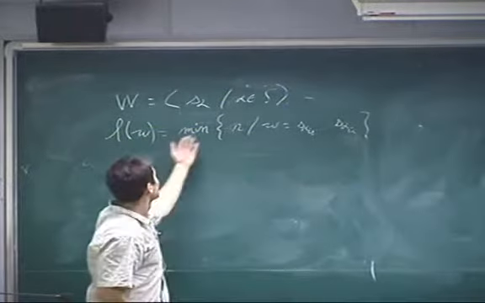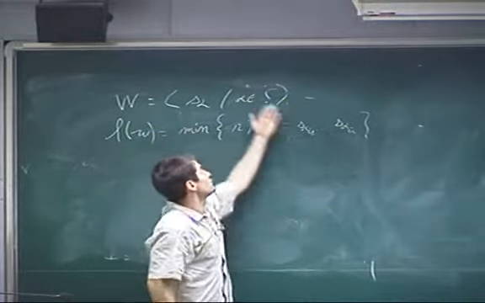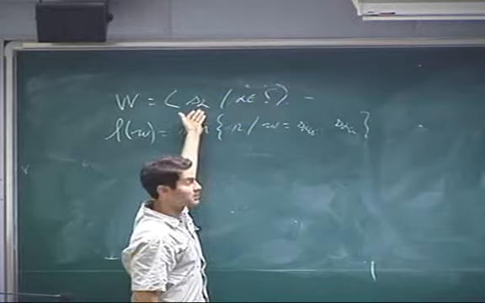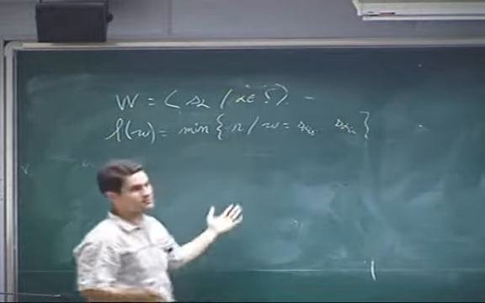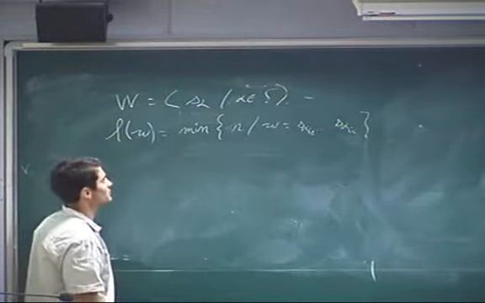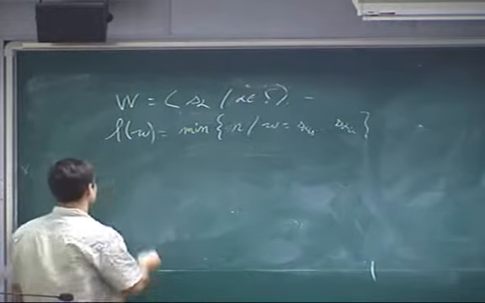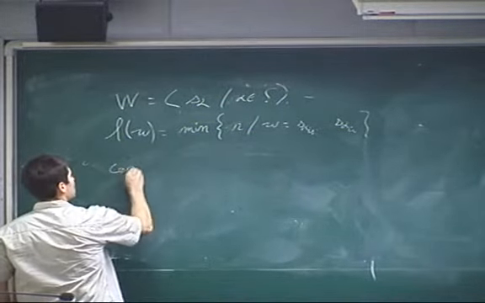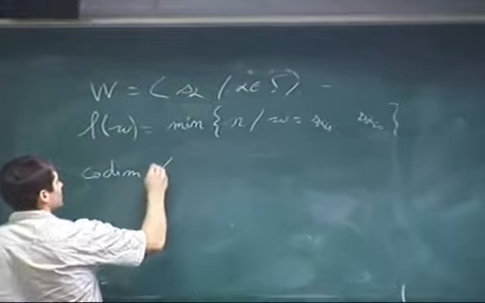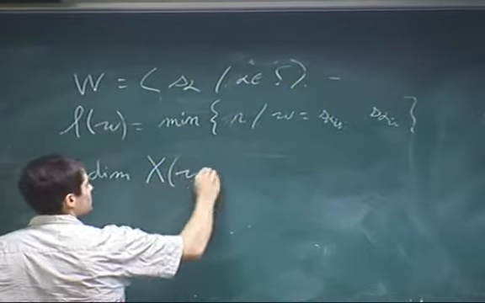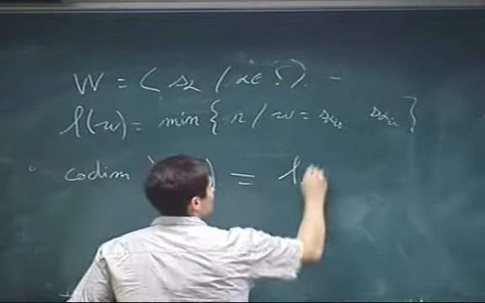We can write w as a product of simple reflections, and we take the smallest number of such simple reflections, and in this way the codimension of X w is equal to the length of w.